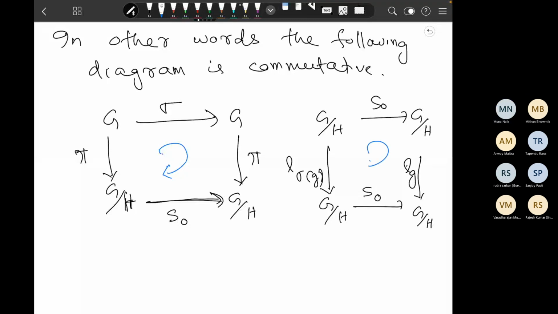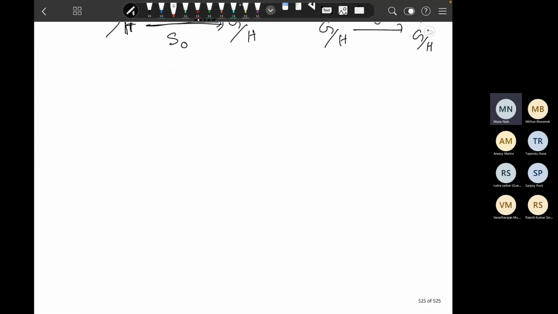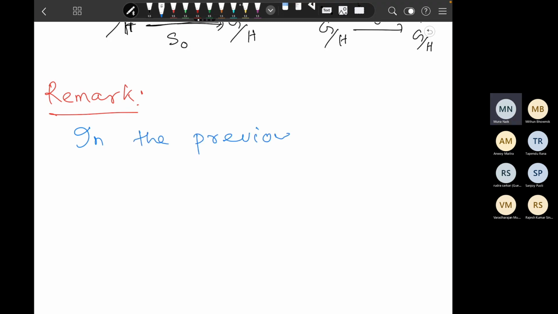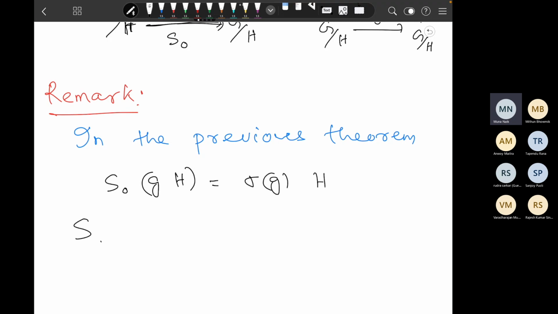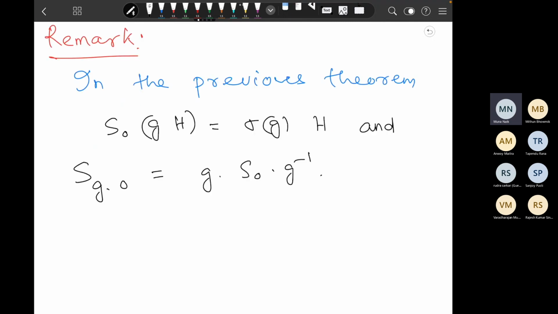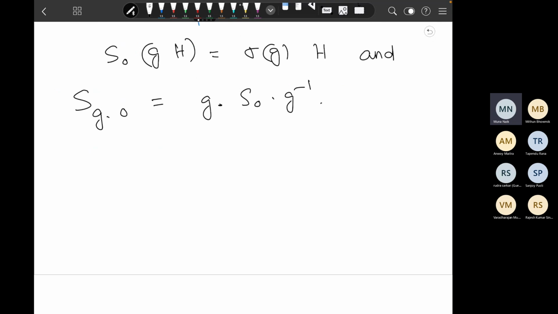So remark. In the previous theorem, this S0(gS) is equal to really sigma(g)S, and S_{g·o} is equal to really g·S0·g inverse. This g dot means this is the group action.